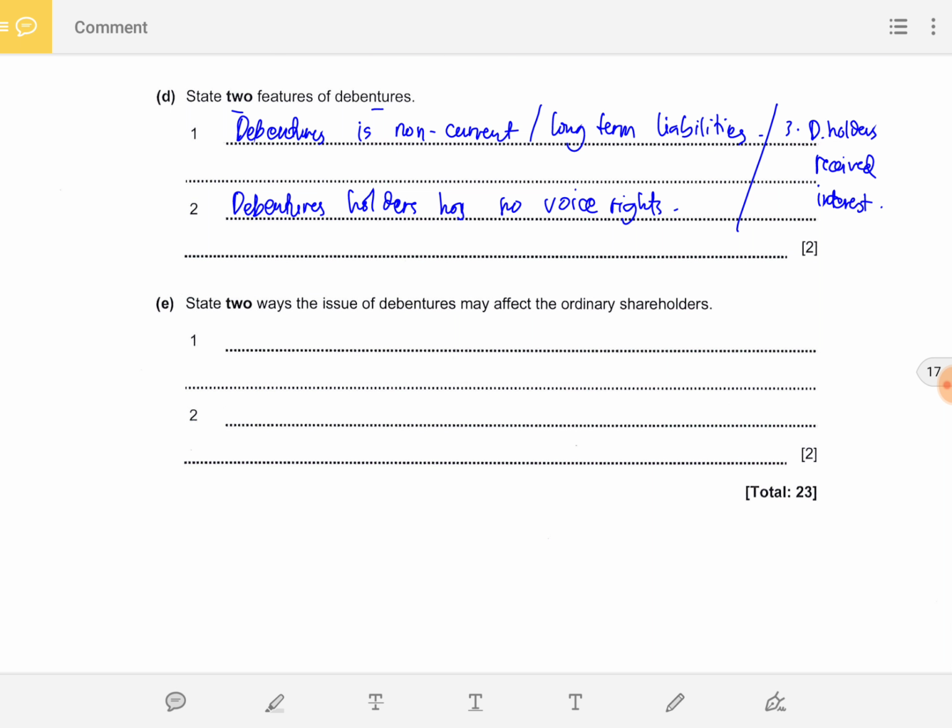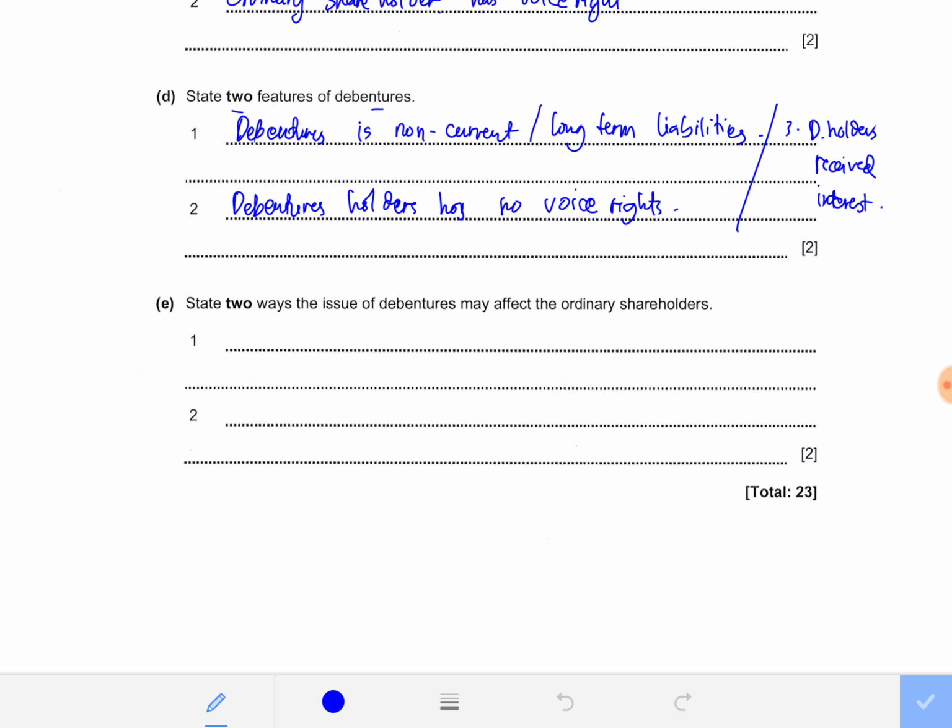Last one, state two ways the issue of debentures may affect the ordinary shareholders. Debentures are considered as NCL, and shares are capital or equity. When it comes to repayment of debts, NCL will come first compared to shareholders.